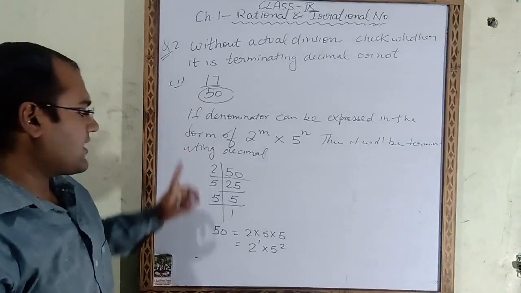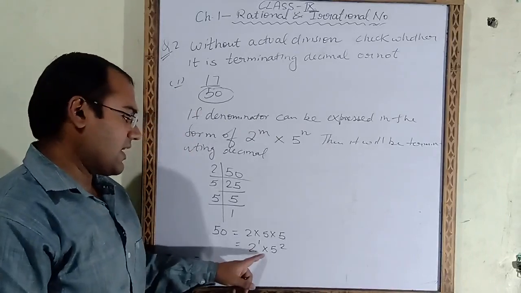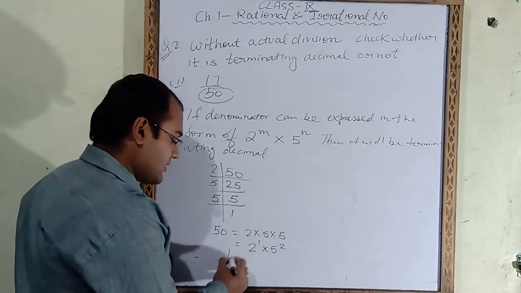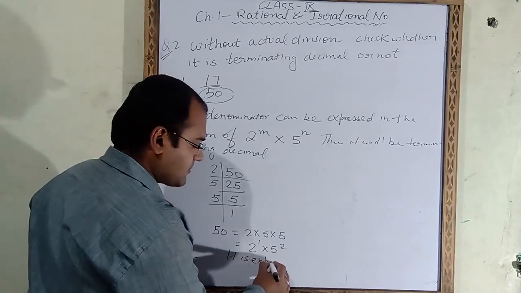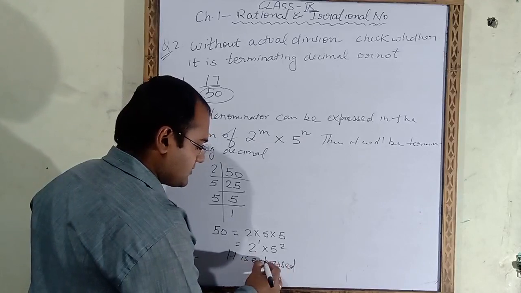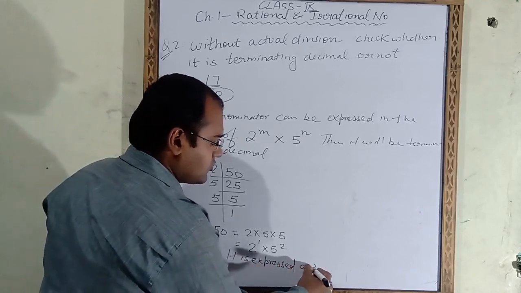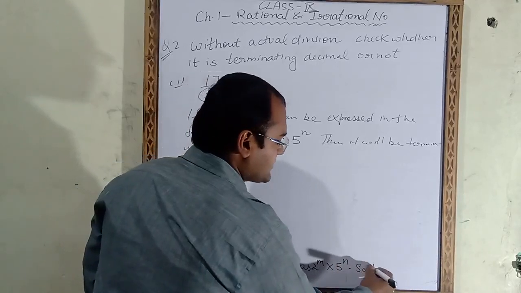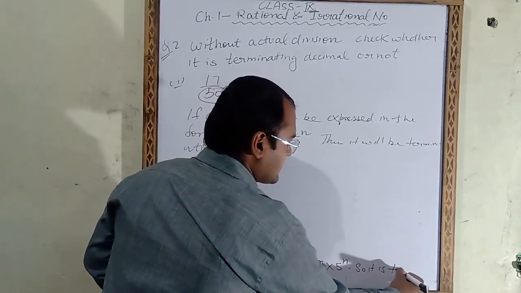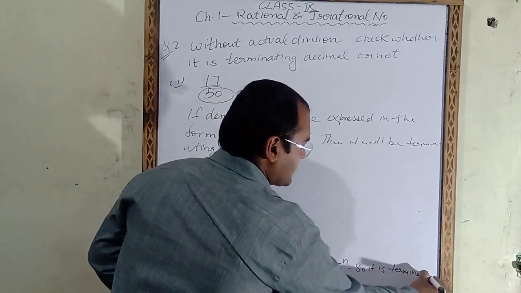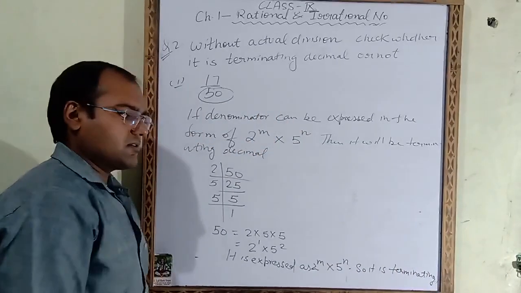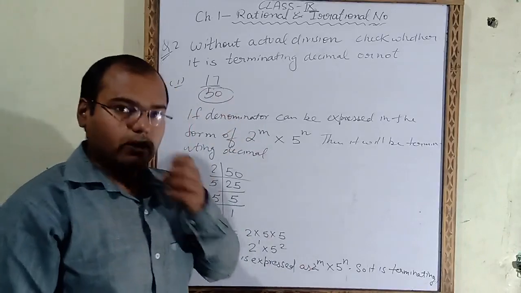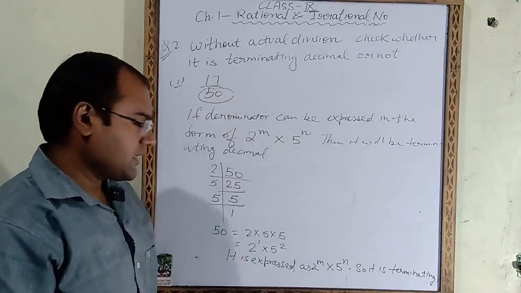So this 50 we have represented in the form of 2 power and 5 power. So what do you have to write? It is expressed as 2 power m into 5 power n. So it is a terminating decimal. So in this way you have to check whether the given number is a terminating decimal or not.